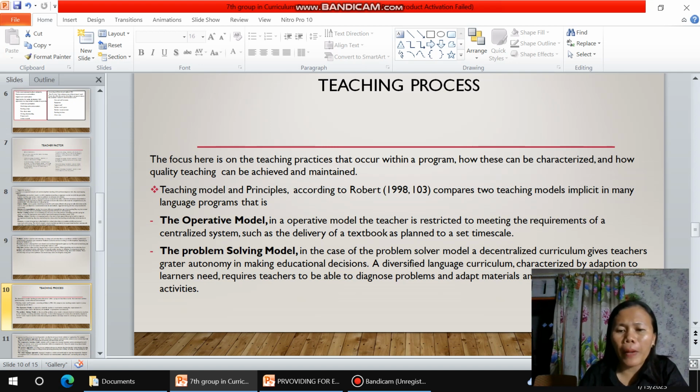In the case of the problem-solver model, a decentralized curriculum gives teachers greater autonomy in making educational decisions. A diversified language curriculum characterized by adaptation to learners' needs requires teachers to be able to diagnose problems and adapt materials and design original learning activities.